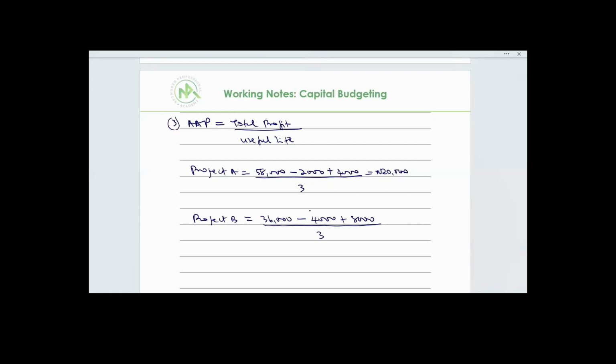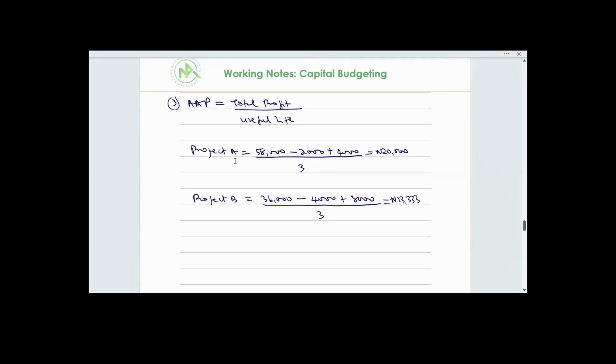Okay, so this should be 32 plus 8. This will be 40,000. 40,000 divided by 3 is 13,333. So we just calculated average annual profits.